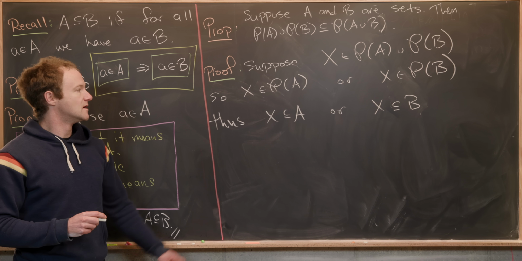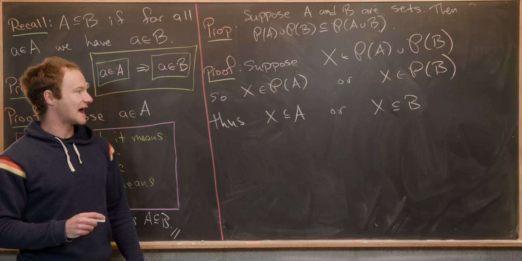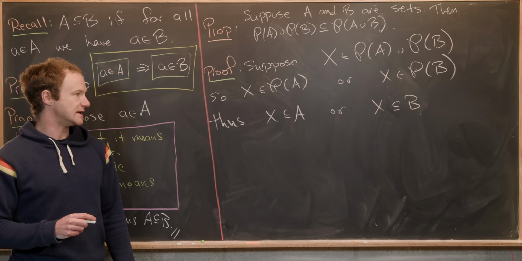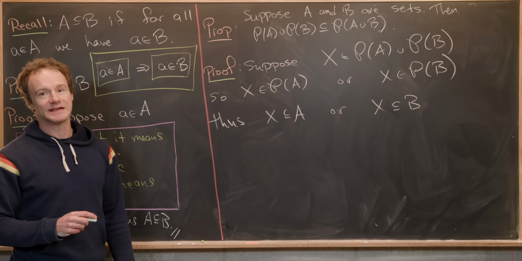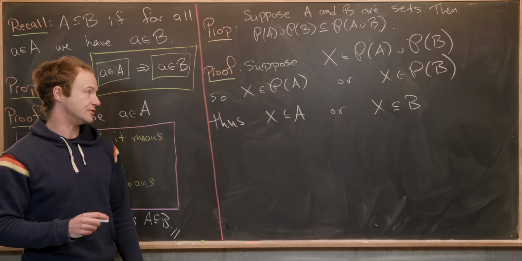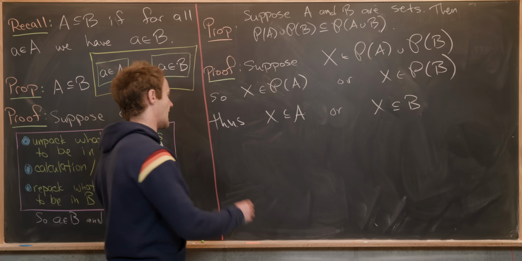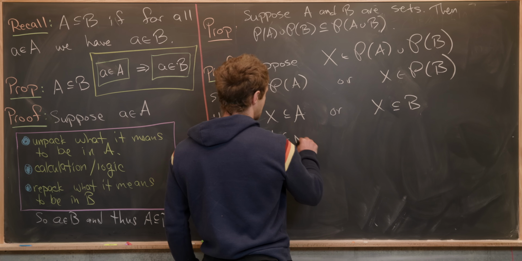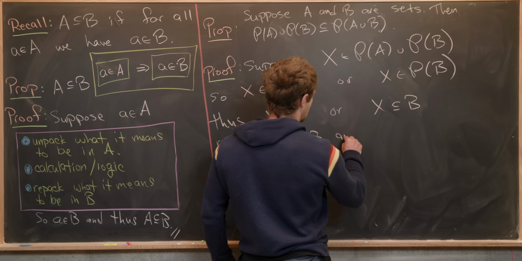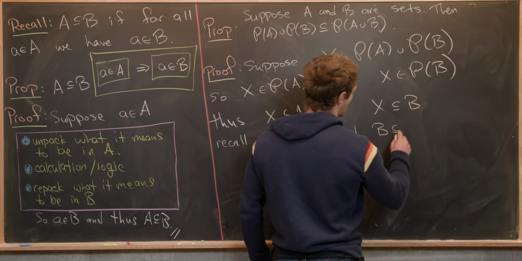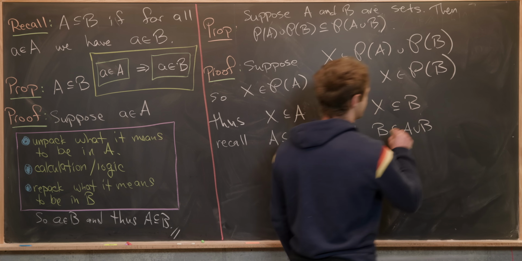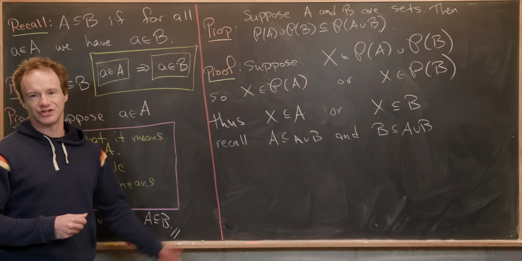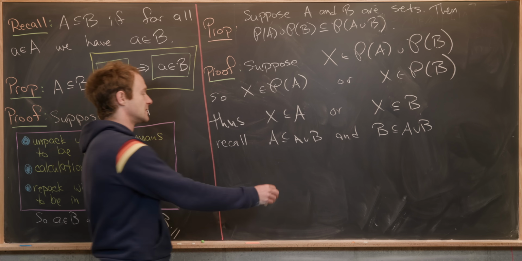But next, we can use the fact that A is a subset of A union B, and B is also a subset of A union B. So let's recall that. That's really easy to check, and we can actually just take that as a fact.